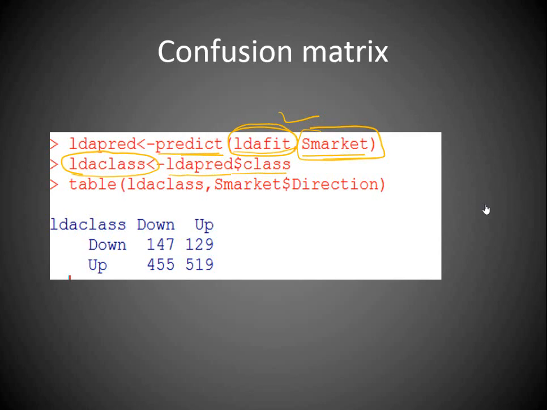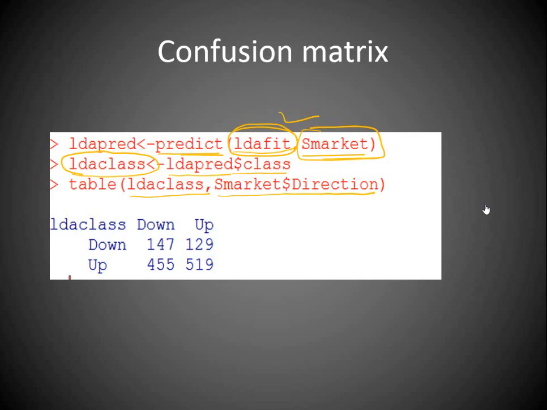Now I have the predicted values and the actual values, the actual ups and downs in the data that we have seen. The actual values are in Direction, which is the dependent variable, and the predicted values are in lda.class. When you tabulate it, you will get the cross tabulation.